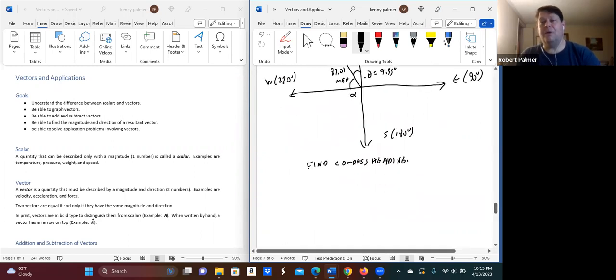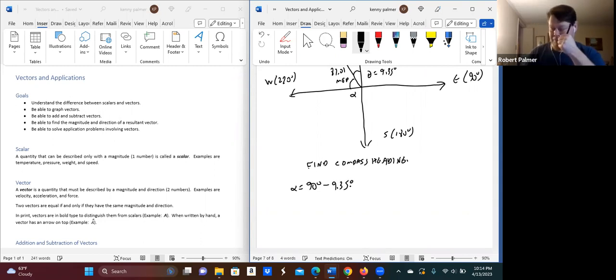Okay, and so theta and alpha together make 90 degrees. And so alpha is going to be 90 minus 9.35 degrees. And that's going to be 80.65.